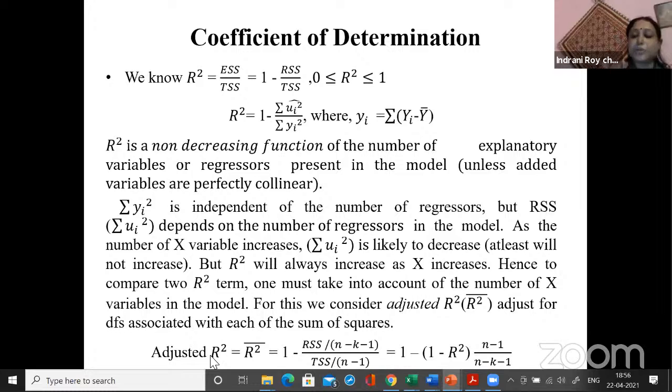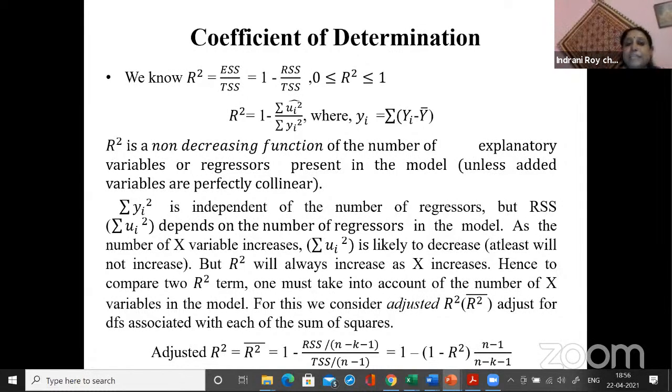This adjusted R square is also written in many books as R bar square. This R bar square actually takes care of the improvement in the explanatory power due to the incorporation of newer and more explanatory variables, but it also takes into account the loss of degrees of freedom.